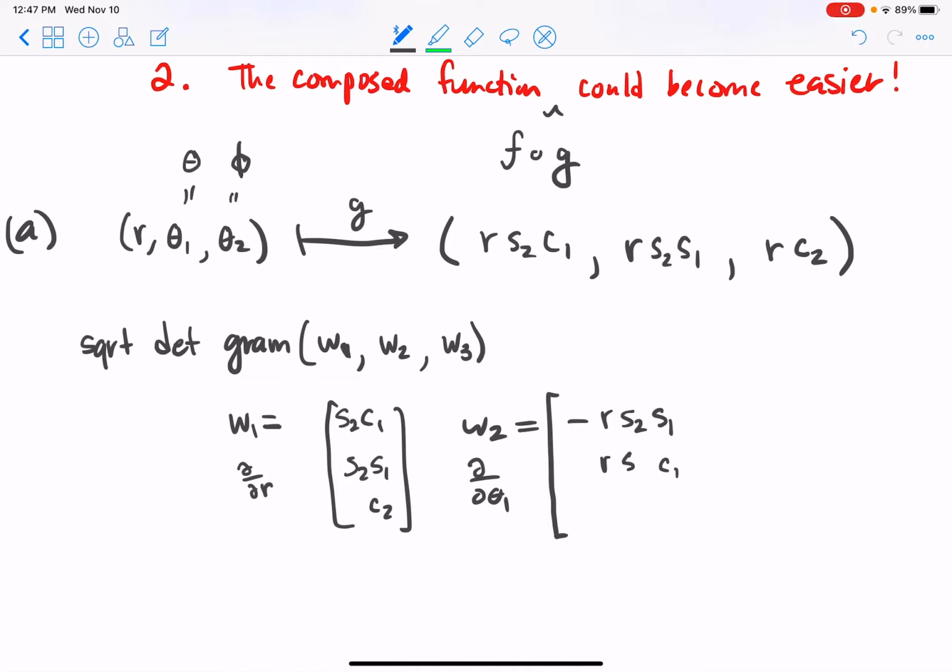And then the r S2 hangs out. And here, theta 1 does not appear, so this is a 0. So now I take partial with respect to the third variable to get my third column of the Jacobian, which will be, okay, S2 becomes, or sine becomes cos.